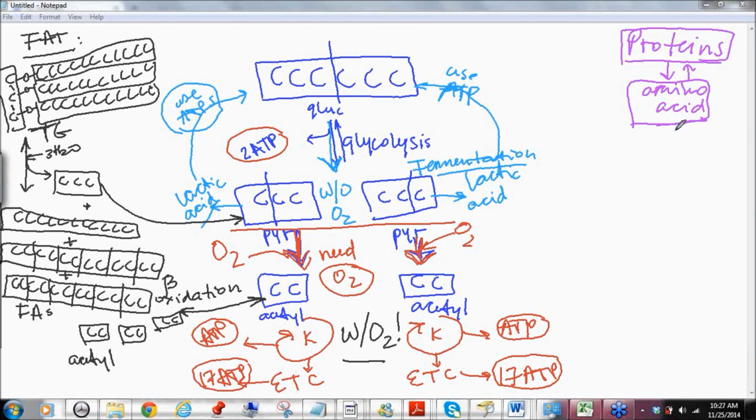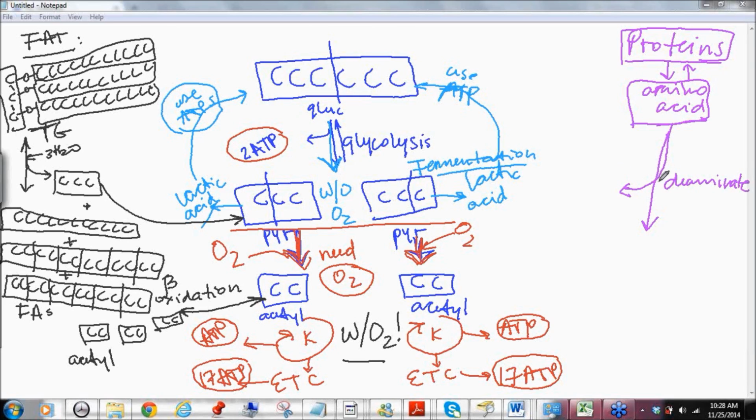Okay? So amino acids can be used for fuel, but the problem with amino acids is the amino group. So if you want to use amino acids for fuel, you need to deaminate them first. Deaminate.